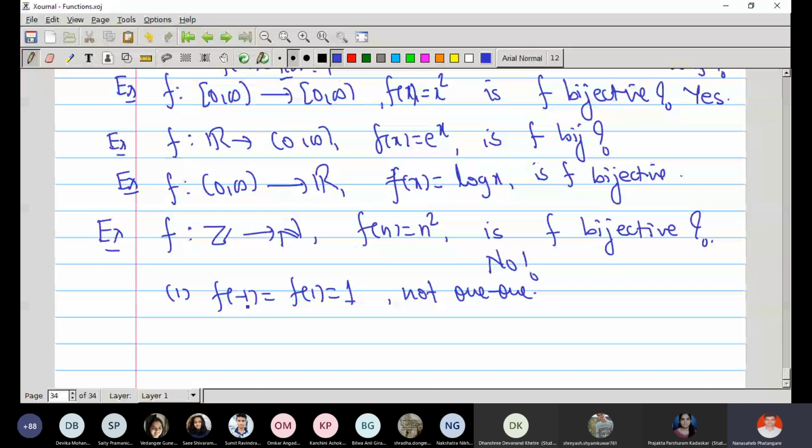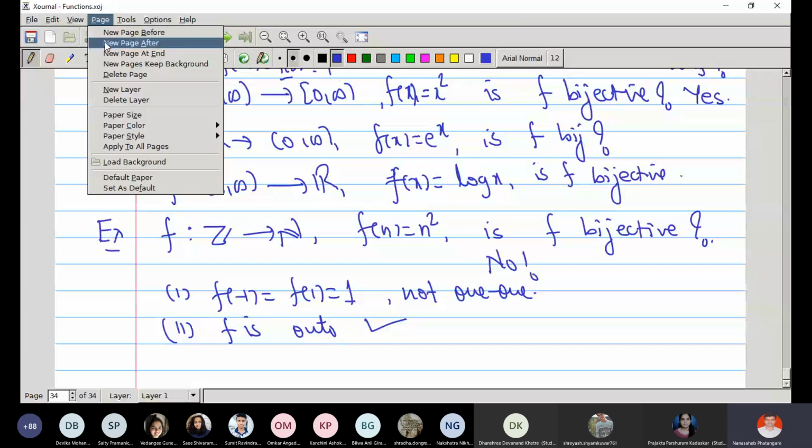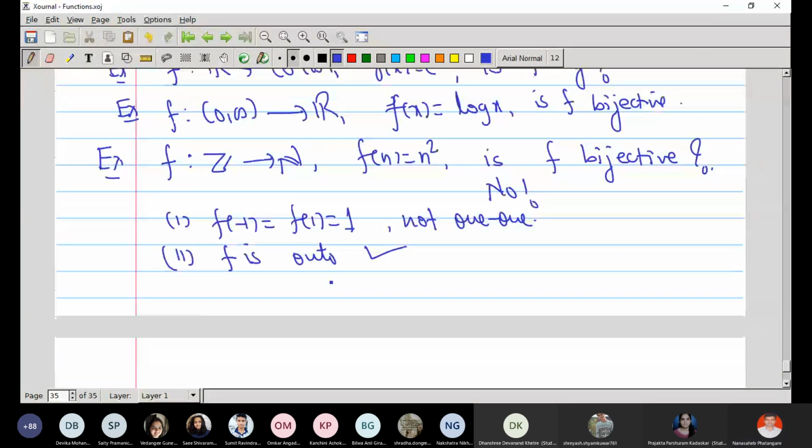But is f onto, right? F is onto, is it true? F is onto or not? Yes, sir.